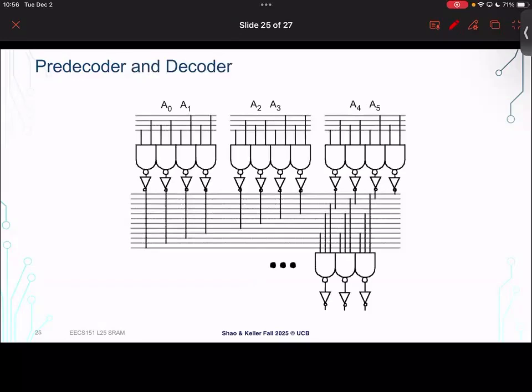So this is an example of what that looks like, right? So for A0, A1, we take all 4 possible inputs. We can label this A0, A0 bar, A1, A1 bar.